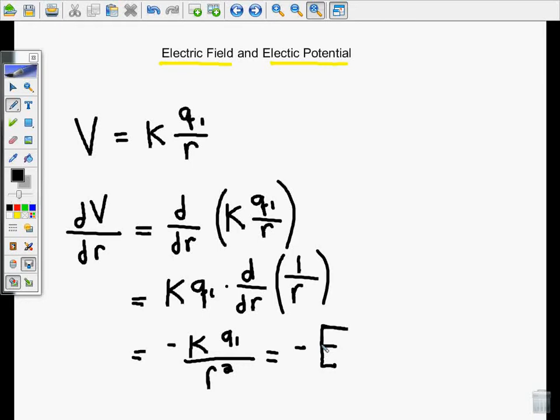Basically, if we rewrite this, we could say the electric field strength is equal to the negative of the derivative of the electric potential function. Now, once again, the electric field is a vector, so we have to put a unit vector in here as well. And of course, that direction is going to be perpendicular to the equal potential lines.